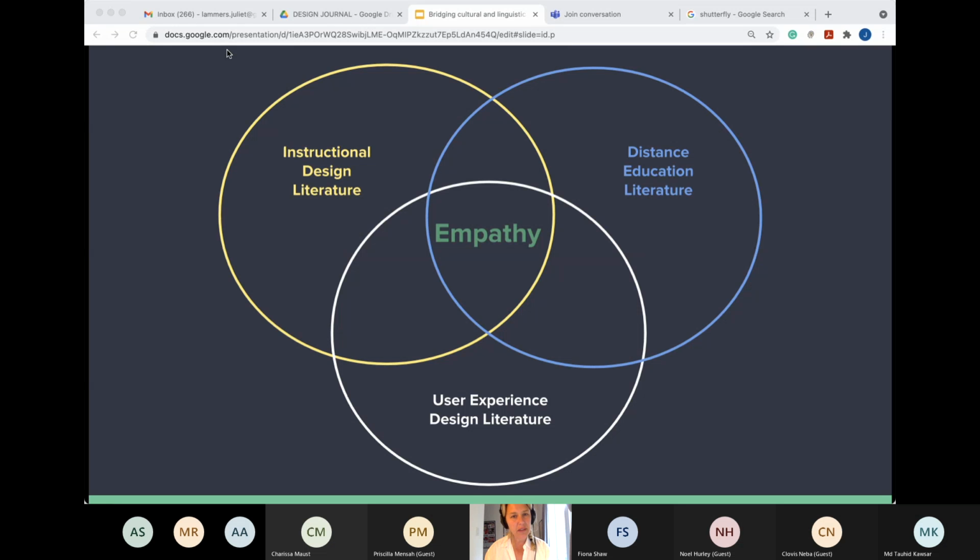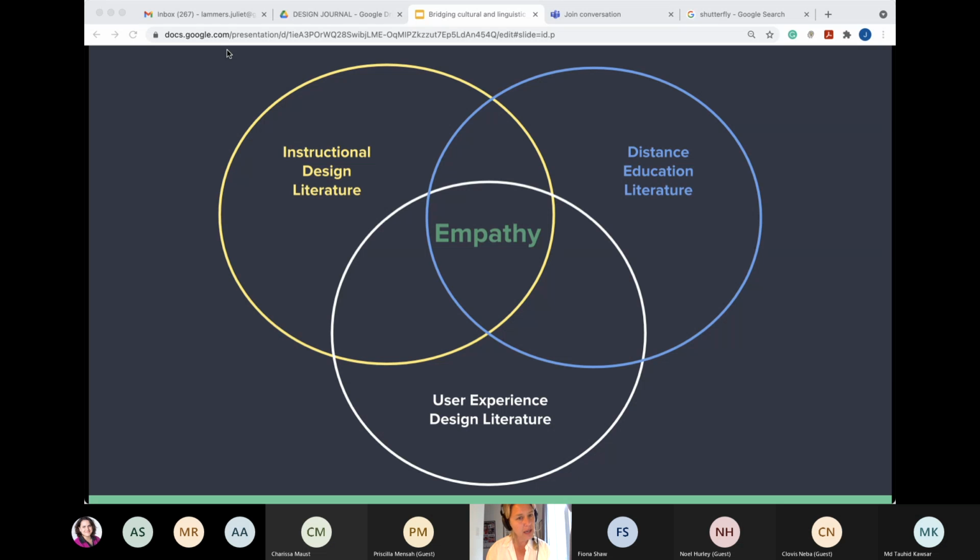The concept of empathy underlies many of the recommendations prescribed for overcoming cultural differences in distance education, and recently it has gained traction in instructional design communities. It's also fundamental to the field of user experience design. Empathy is the ability to sense other people's emotions, coupled with the ability to imagine what someone else might be thinking or feeling.